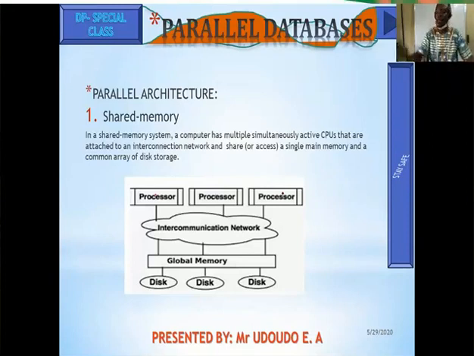Now they are linked to a common memory, which can be referred to as what? The global memory. They are linked to the global memory. In other words, they are sharing one memory. For example, I'm giving a diagram of 3 systems here. It means that the 3 systems are sharing from one single memory.